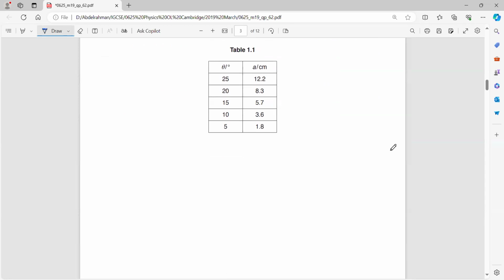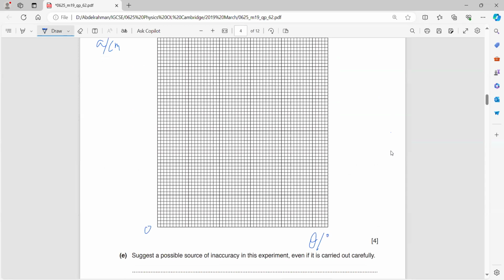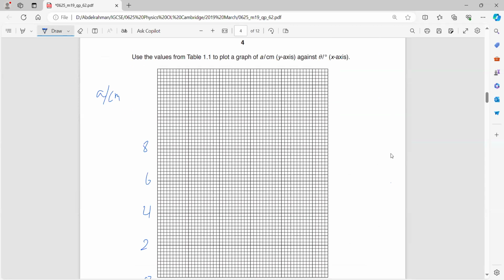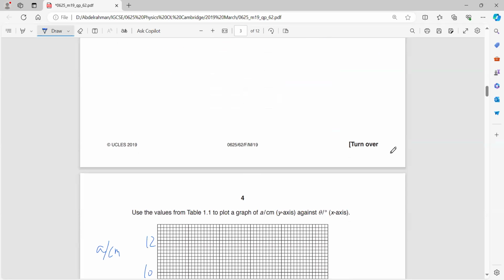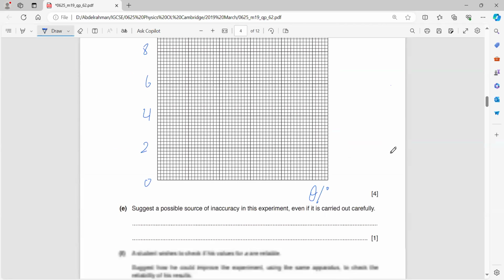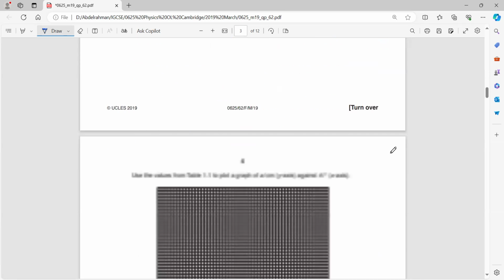If I start A from 0, then 2, 4, 6, 8, 10 and 12. That's good. The maximum value for A was 12.2, so we can plot 12.2 and 1.8, so this is a suitable scale.